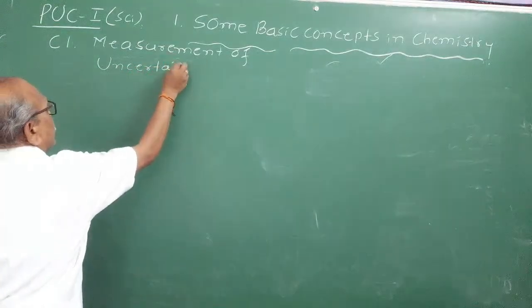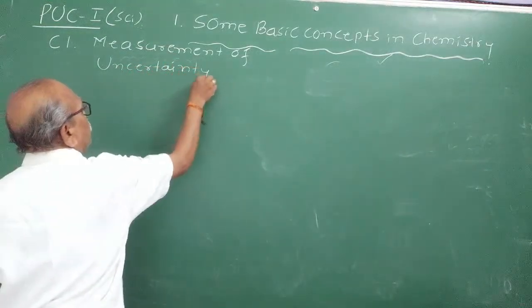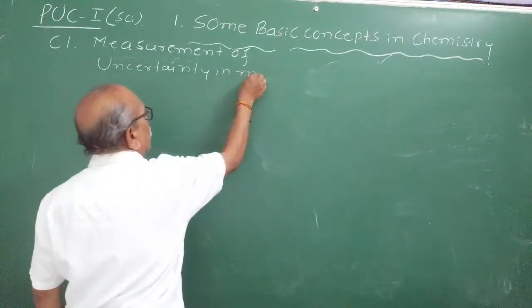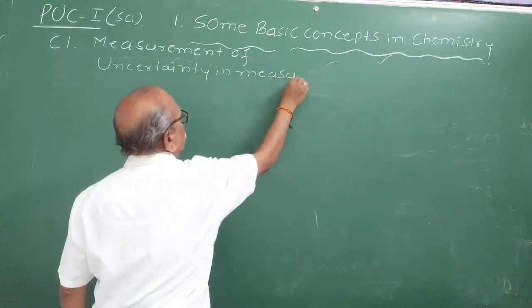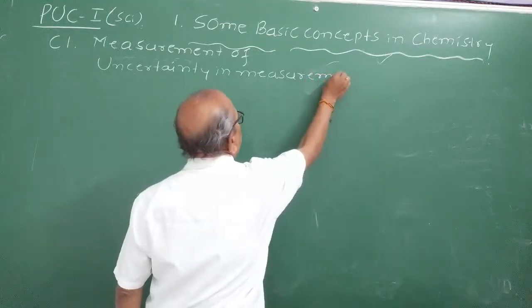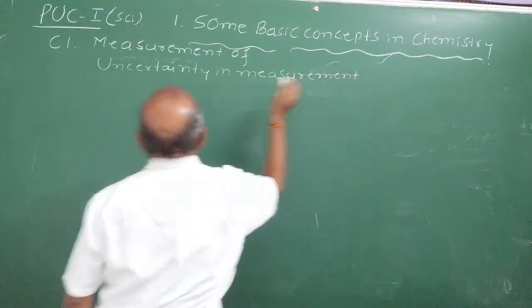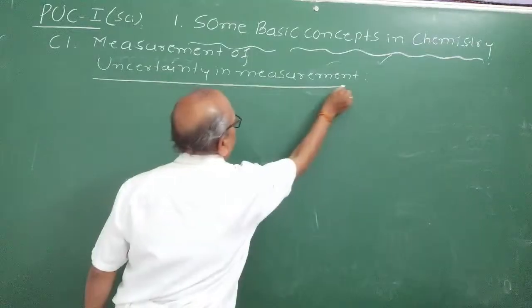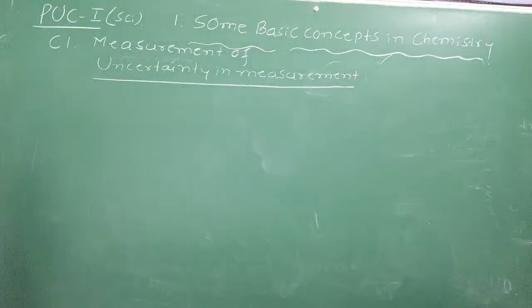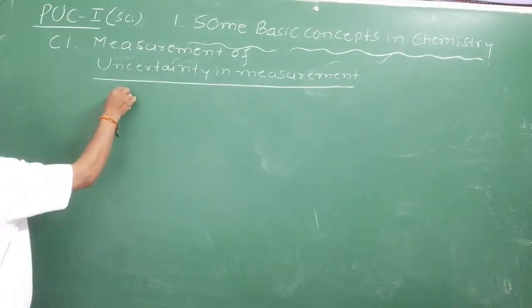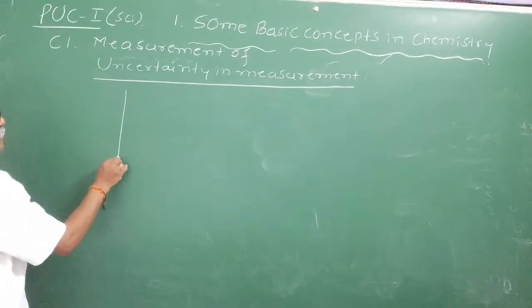What is uncertainty in measurement? This uncertainty means what? Generally during conducting an experiment, you are measuring in a burette, you know, some of the equipments used to measure the volume.